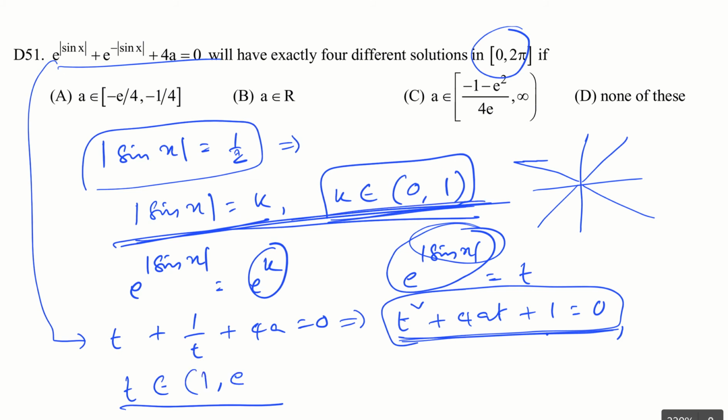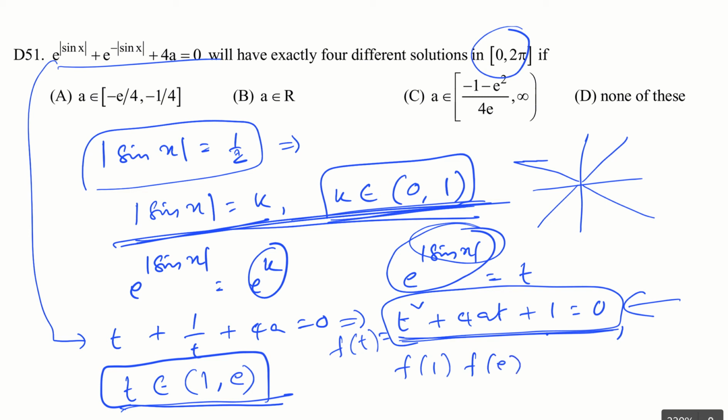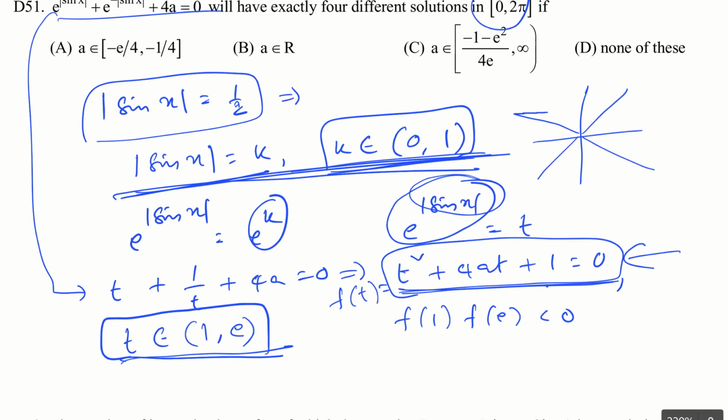Now, as you want it in the open interval to have exactly four distinct solutions, I'll choose t to lie between 1 and e. So I want this equation to have exactly one solution in this interval. It means that if I call this expression f of t, I want f of 1 into f of e to be less than 0. Exactly one solution. Now rest is obvious from this.